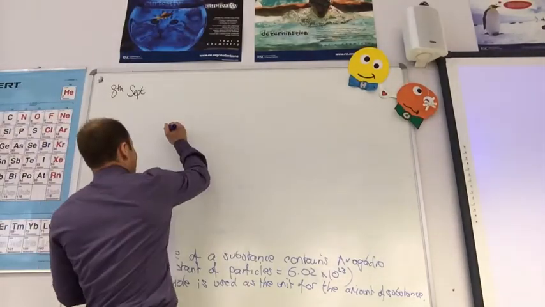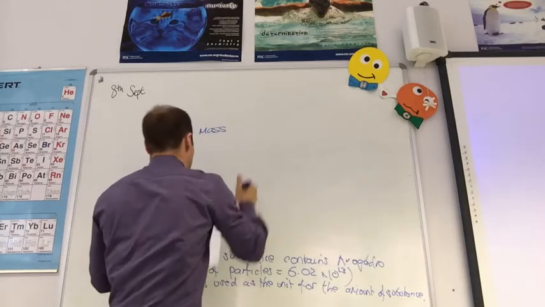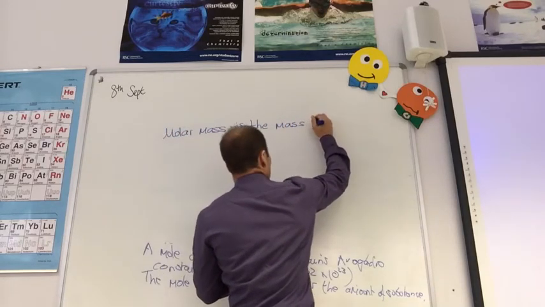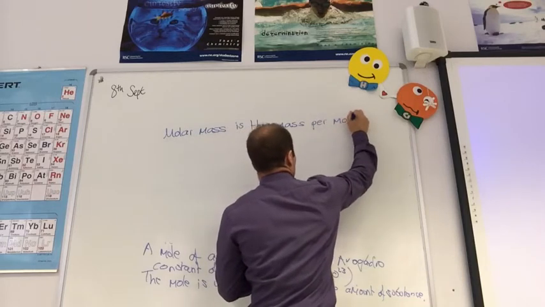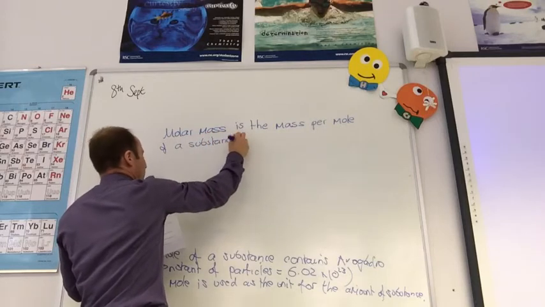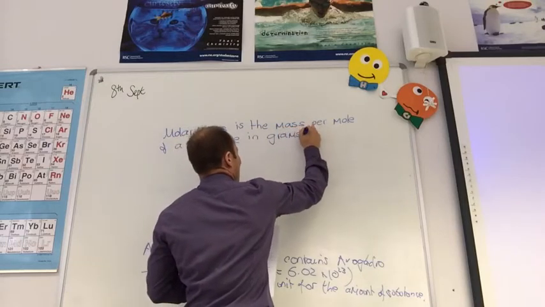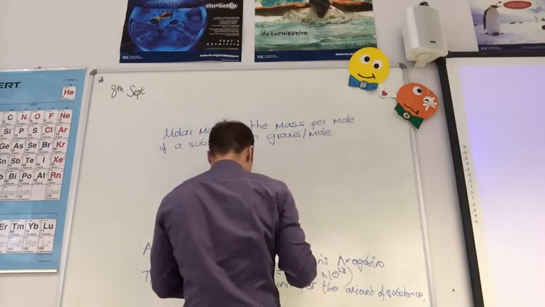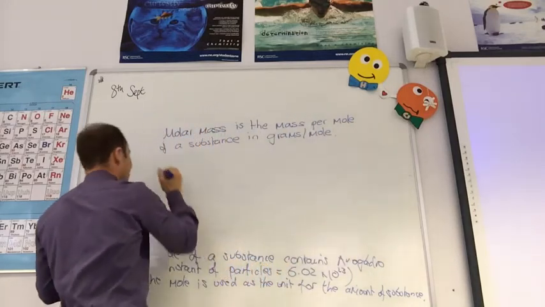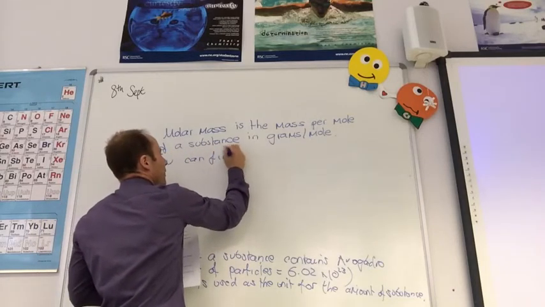So, just one further definition: molar mass is the mass per mole of a substance. And that's measured in grams per mole. Where would you look to find the molar mass?